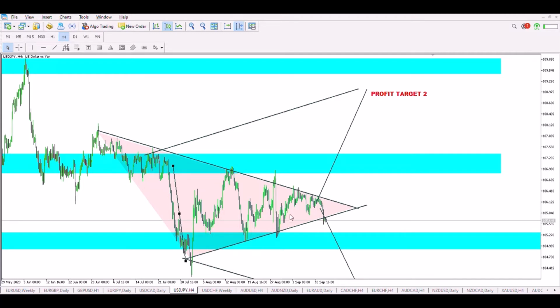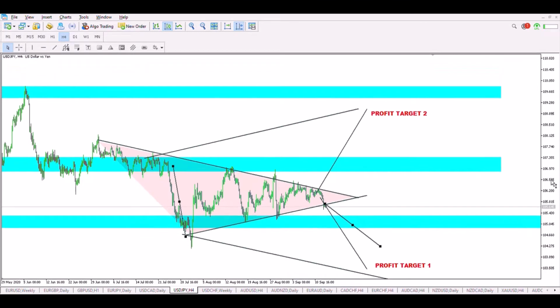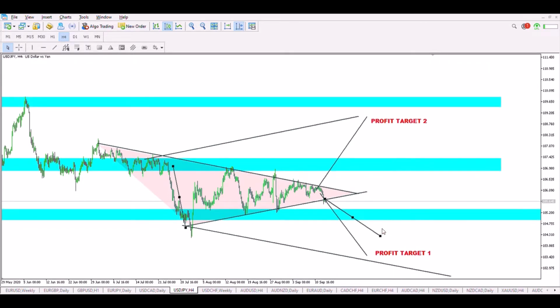We need only 5 to have this pattern, but we already have 6, and even now a 7th wave. So this is a very clear pattern, and the outcome of this pattern after we break above or below will be straight to this point here or straight down to this profit zone right here.